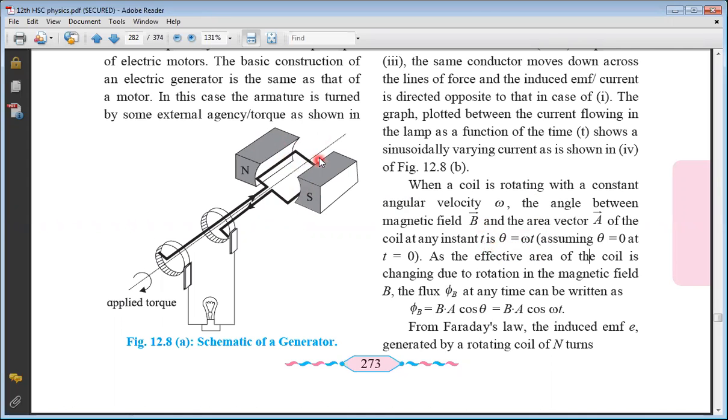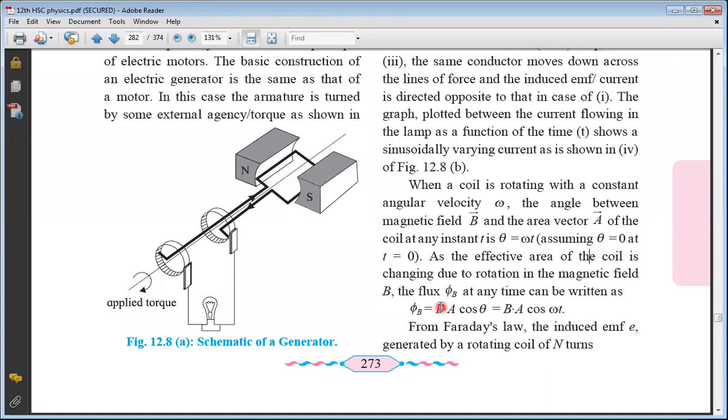Next, while the coil rotates, it will cut magnetic flux, magnetic lines of force. So the magnetic flux through the coil keeps on changing because the area of the coil exposed to the magnetic lines keeps on changing. By Faraday's laws, when the magnetic flux linked with the coil changes, an EMF is induced. Let's talk of the flux first.